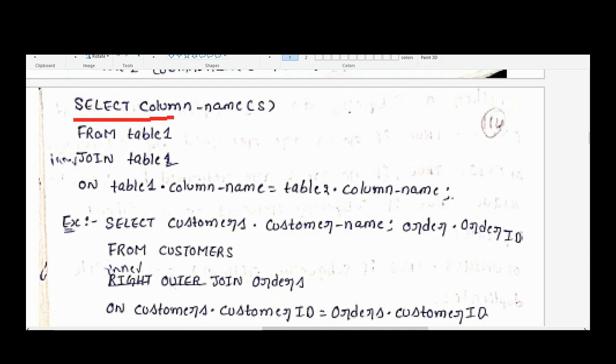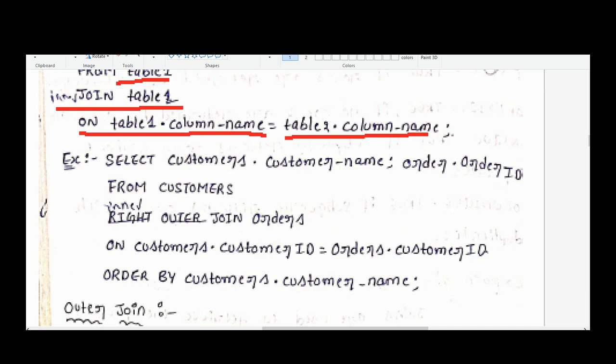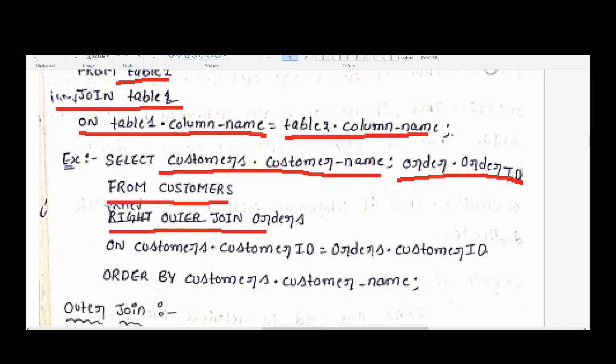Select column names from table 1, inner join table 2 on table1.column_name equals table2.column_name. For example: select customer.customer_name, order_id from customer table, inner join orders on customer.customer_id equals orders.customer_id, order by customers.customer_name.